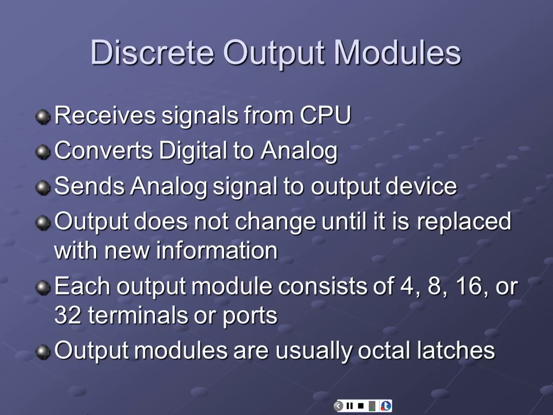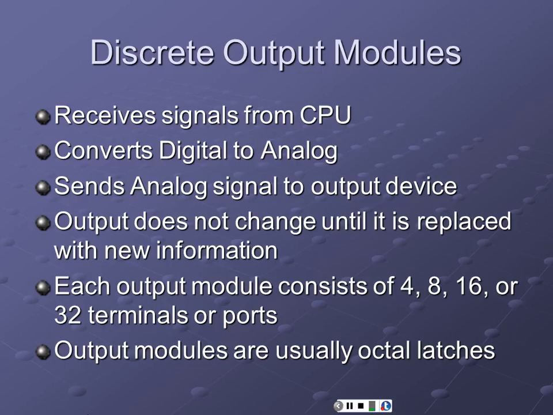Okay. We have discrete output modules. The PLC receives the signal, so if I push a button, that button signal goes to the PLC. The PLC decides what that means. And then when it decides what that means and who it needs to talk to, it sends a signal.